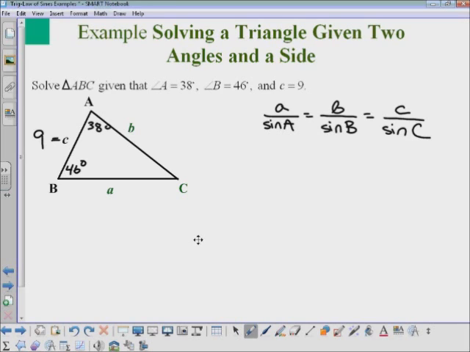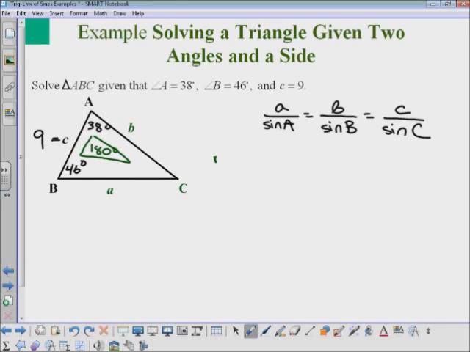So it seems like I can't use the law yet, but you need to remember the sum of these three angles has to add up to 180. So although we're not directly given C, whenever you're given two angles in the triangle, you automatically know the third angle. You just have to calculate it.